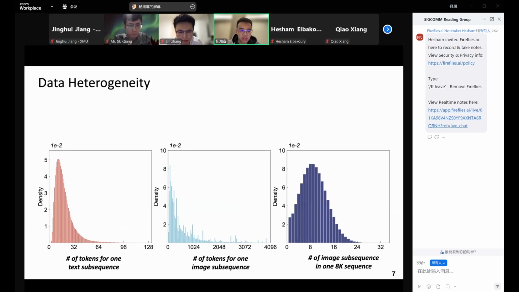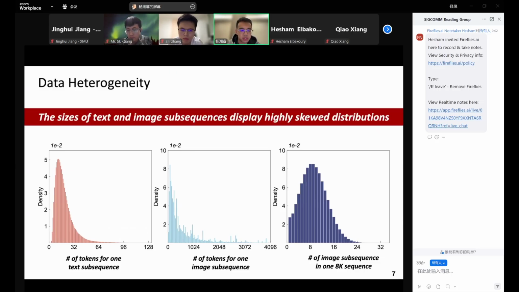The chart on the right shows a single 8K token training sequence may comprise many image subsequences. This distribution is also long tail. Such long-tail interleaved training sequences lead to training inefficiency, since one fixed-length sequence with more image tokens may incur more computation in the modality encoder.